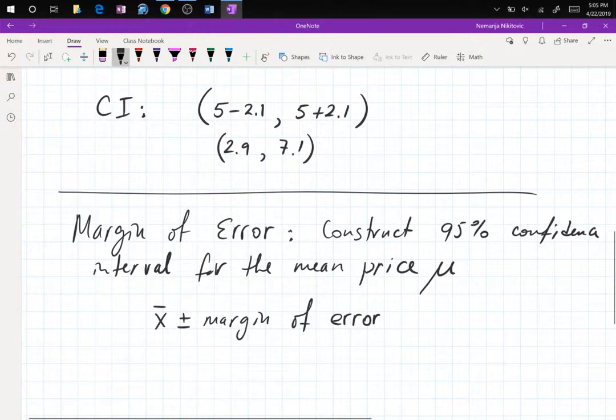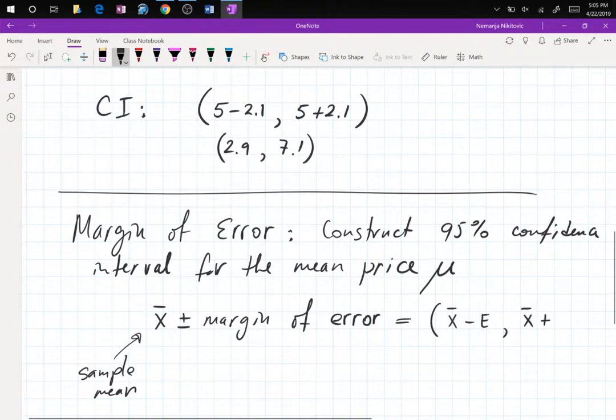So x bar is your sample mean, and then margin of error, which is added and subtracted to this to create the interval, which is x bar minus margin of error e and x bar plus margin of error e.